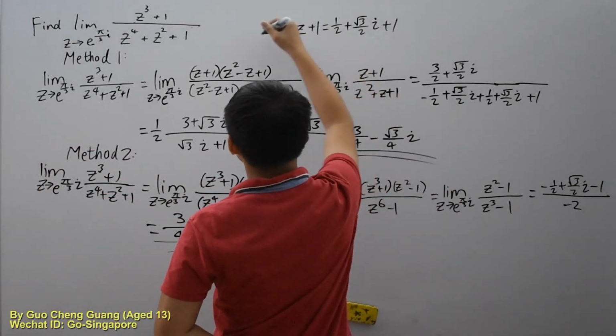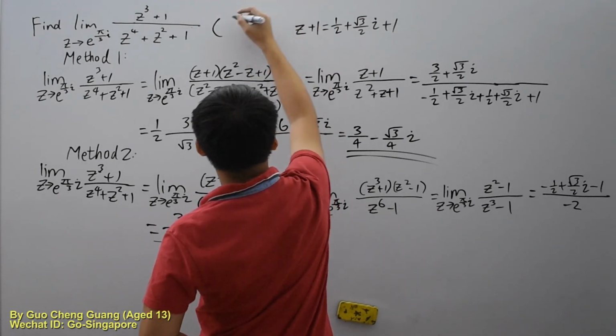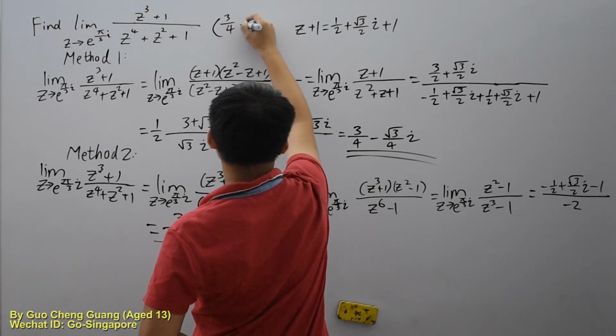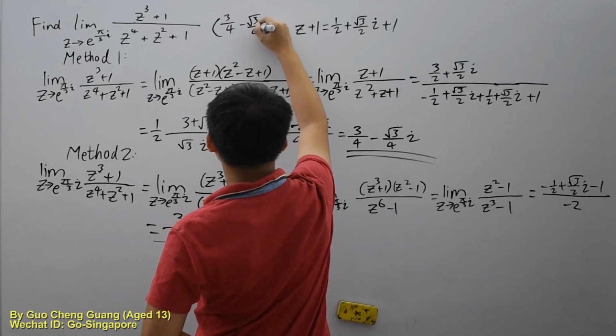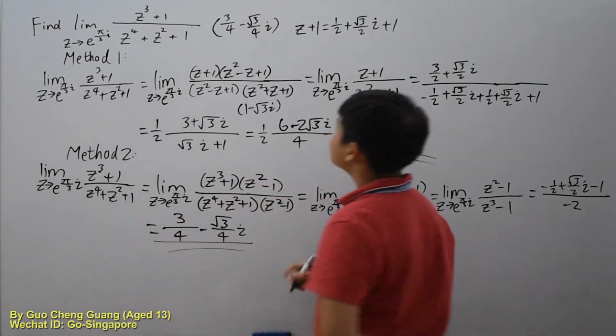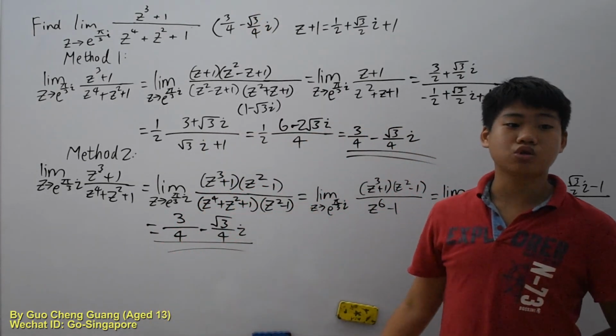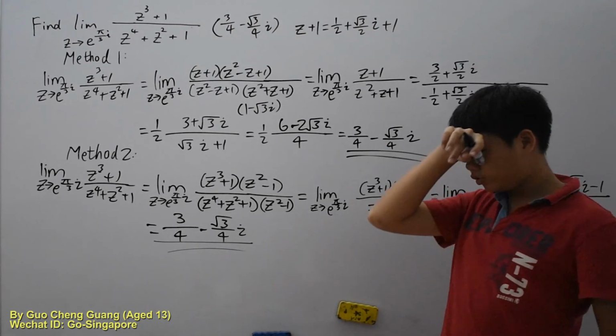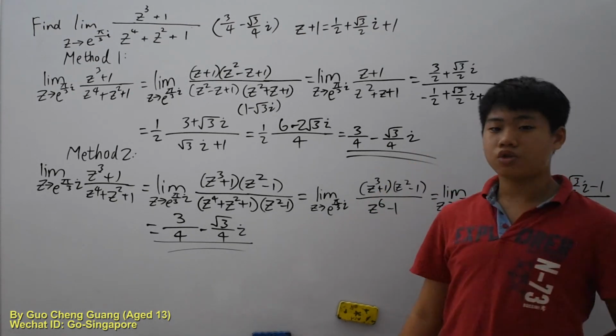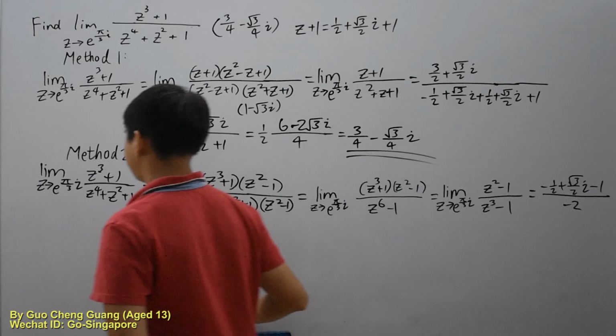Right, so let me just record at the side here that this answer is 3/4 minus root 3/4i. So this is what we got for the first two methods. Next, we'll move on to our method 3. So just erase this part over here.